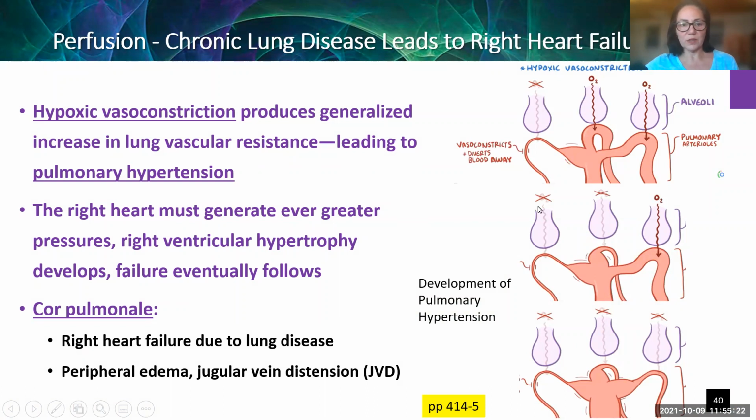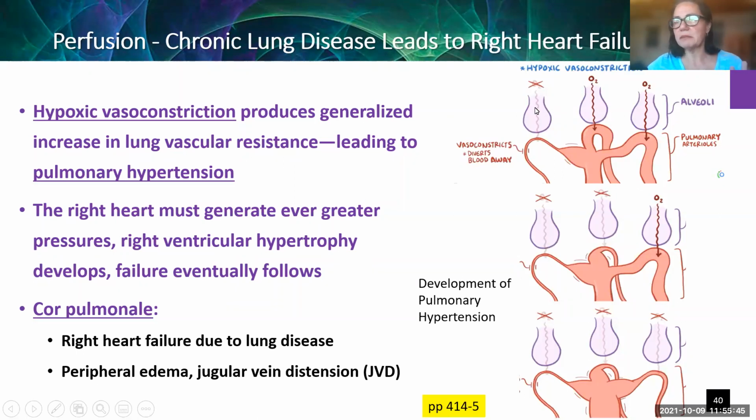These images are once again from that video that's on our additional resources, and I highly recommend it. So let's see. Hypoxic vasoconstriction produces a generalized increase in blood pressure, the pulmonary hypertension. So let me remind you, we have these 3 alveoli.